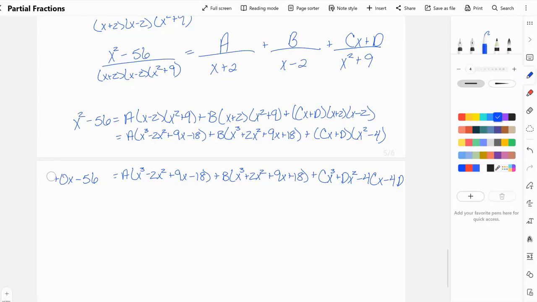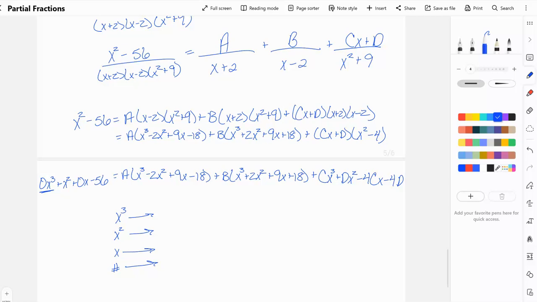Oh, I forgot the x cubed. We don't have an x cubed either, so it's 0x cubed plus x squared plus 0x minus 56. So you can see how we're comparing those coefficients on the left and on the right. So I need coefficients for x cubed, x squared, x, and then just the number on the end.